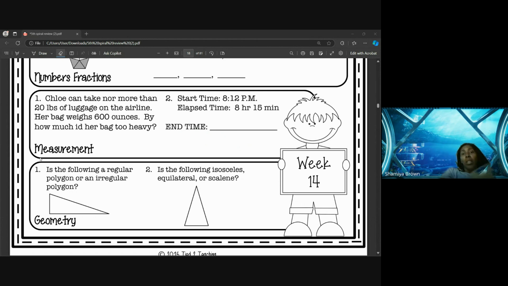It will. If it's 8:12 p.m., that's 8:12 at night. So think about this. We can go ahead and add the 8 hours, but it's going to be a problem because once I get to 12 o'clock midnight, my time goes to 1 o'clock a.m. So I'm going to add up until I get to 12 first.